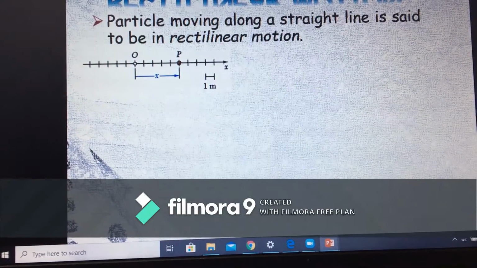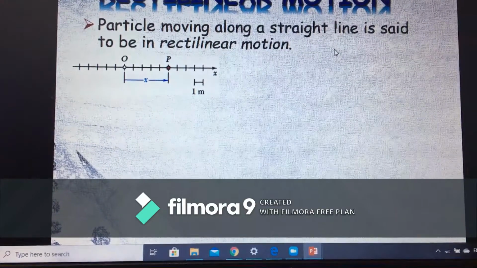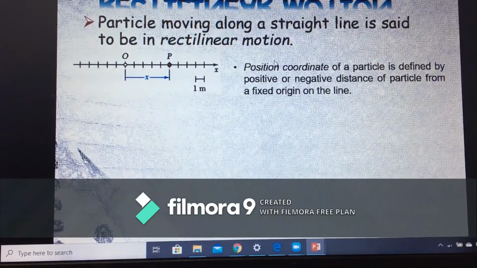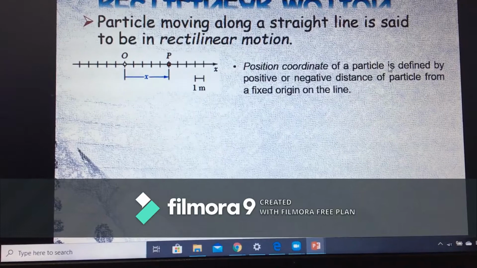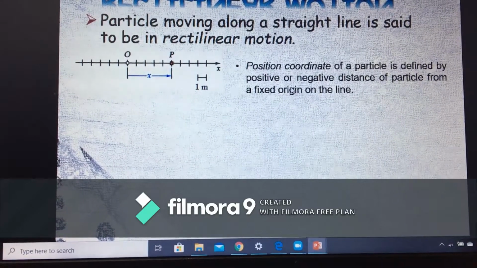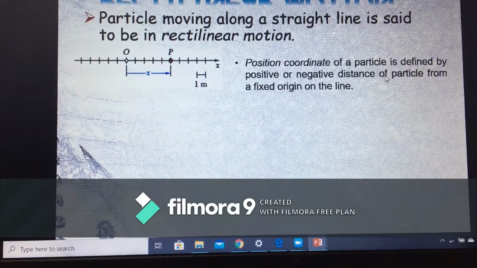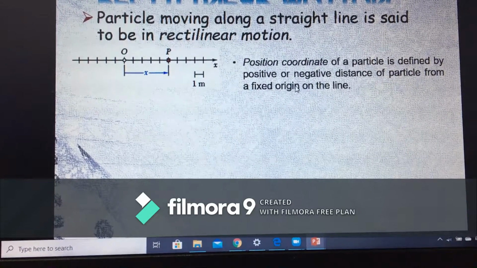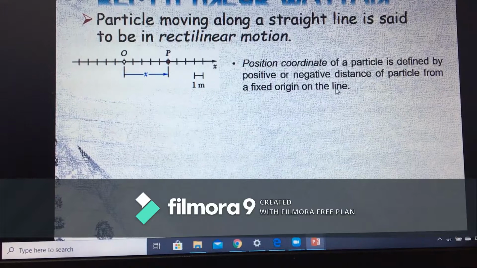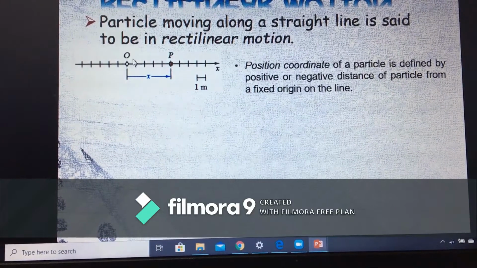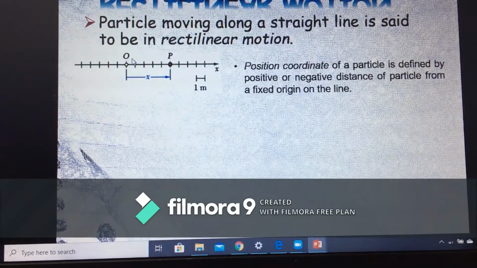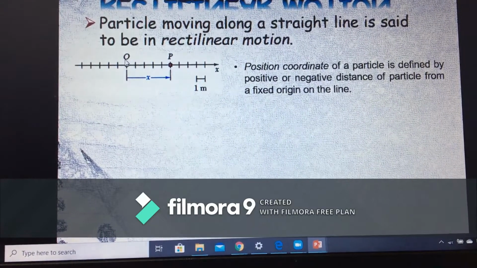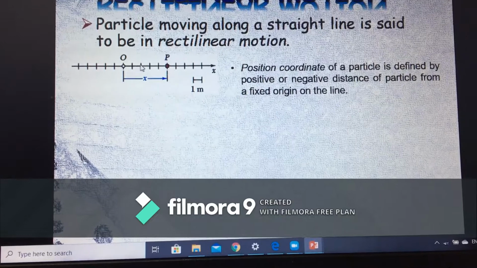Then the position coordinate of a particle is defined by the positive or negative distance of the particle from a fixed origin on the line. By the way, class, can you see the cursor moving? Yes, sir.